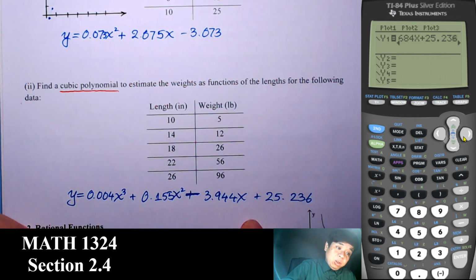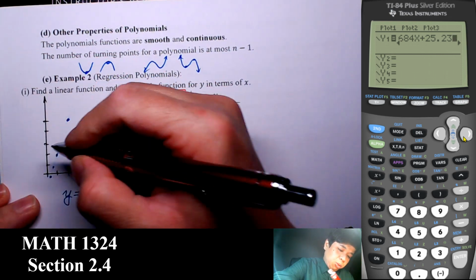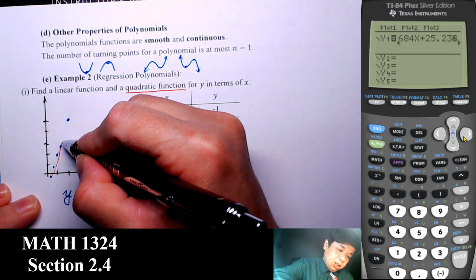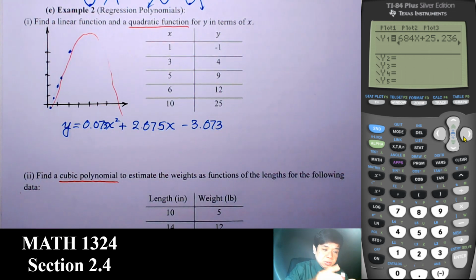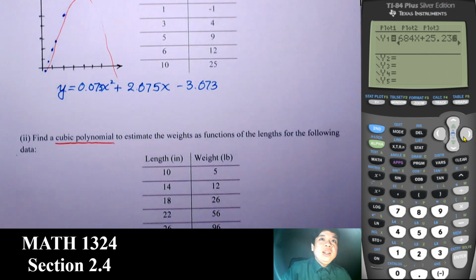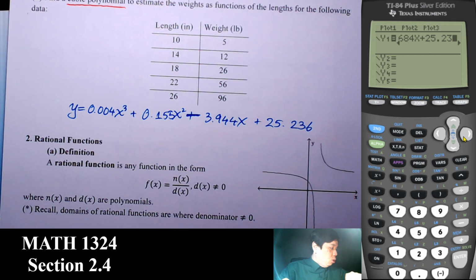So that equation would best fit the points. So probably it will look like this, maybe something like that. Right. So with that, we go to the next part.